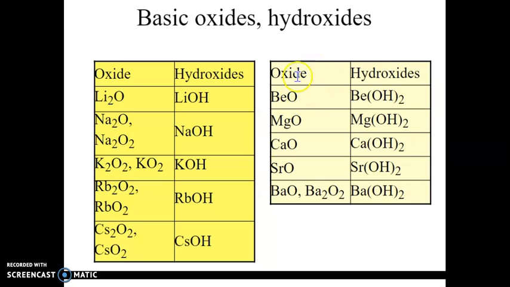And these are the oxides of second A group elements: beryllium oxide, magnesium oxide, calcium oxide, strontium oxide, barium oxide. And these are the hydroxides of second A group elements or alkaline earth elements: beryllium hydroxide, magnesium hydroxide, calcium hydroxide, strontium hydroxide, and barium hydroxide.